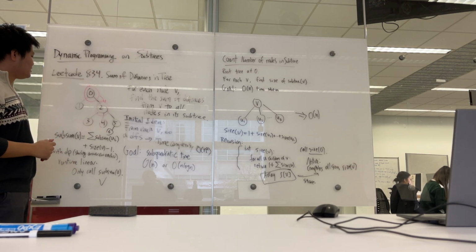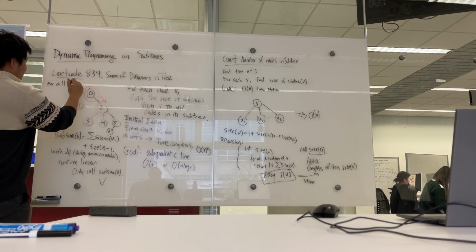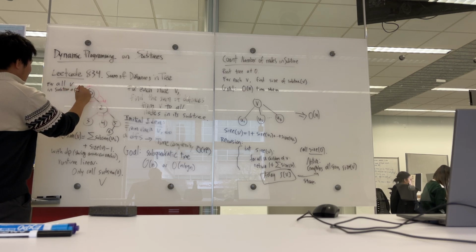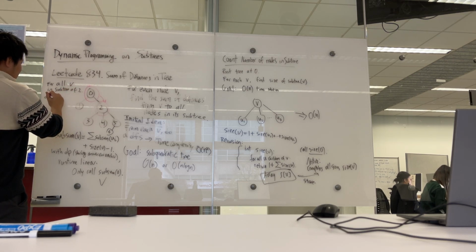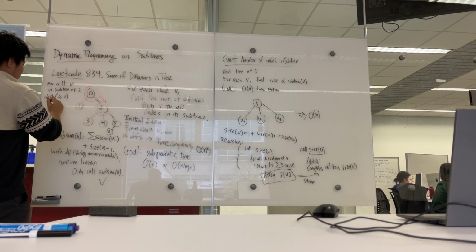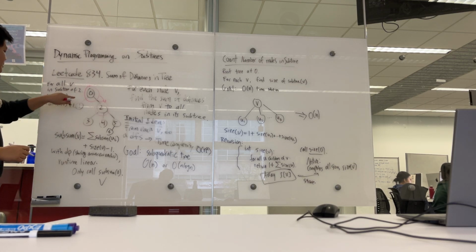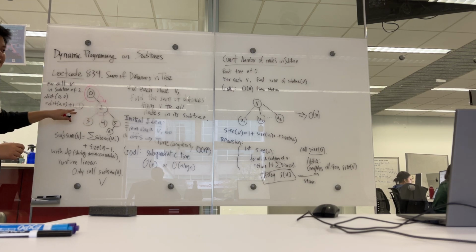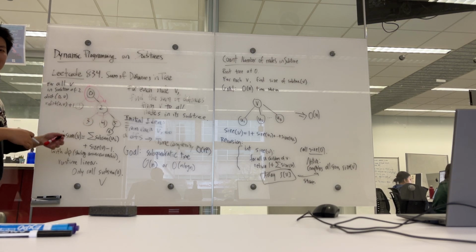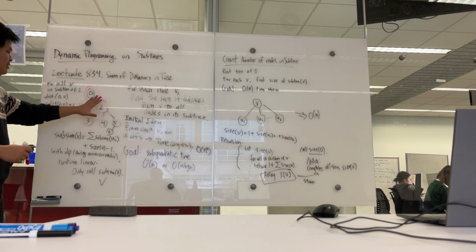So for all v in the subtree of 2, distance 0 v is equal to distance 2 v plus 1. And so when you go from 0 to 2, you would have to subtract 1 for all of those distances. Okay, so that was in the subtree.